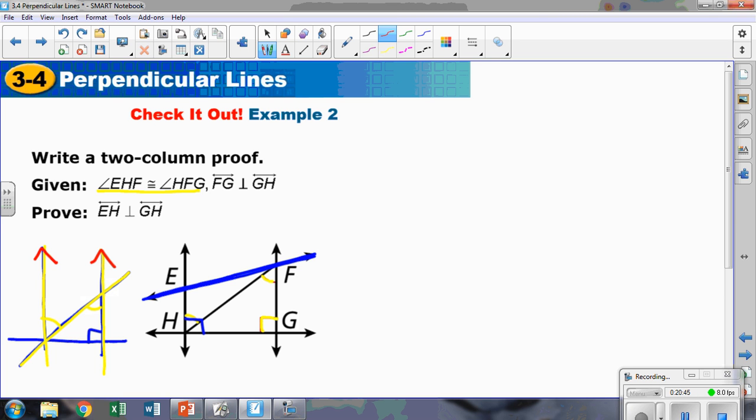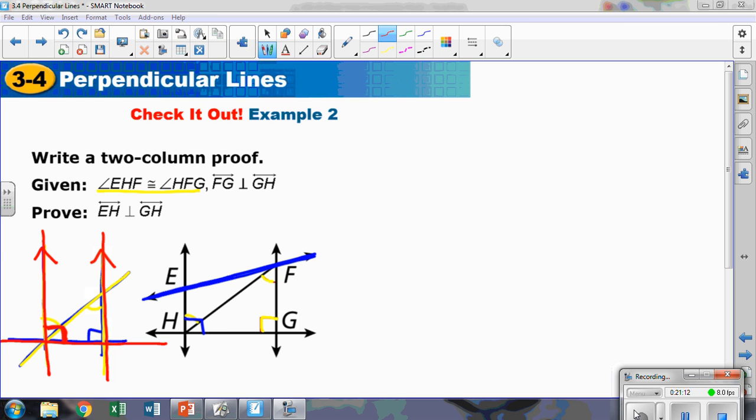Once we have parallel lines, we can now use the fact that they're parallel on a different transversal. If it's perpendicular to the top line, that would mean then that it's going to be perpendicular to the other line.